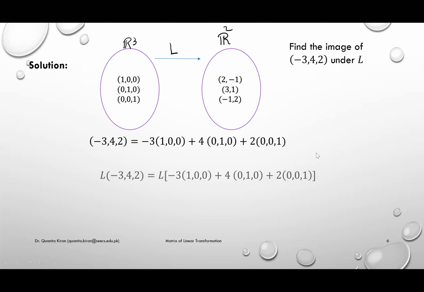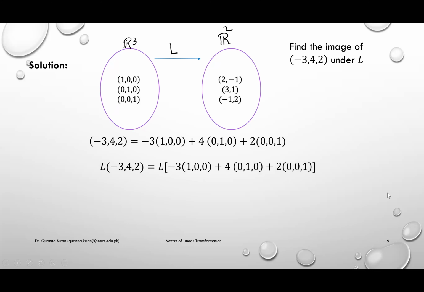Now, if we apply the linear transformation L on both sides and use the linearity of L on the right hand side, by the preservation of vector addition and scalar multiplication, the right hand side equals -3 times L(1, 0, 0) plus 4 times L(0, 1, 0) plus 2 times L(0, 0, 1).